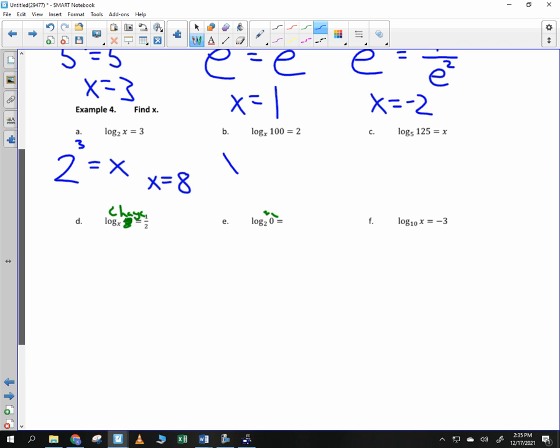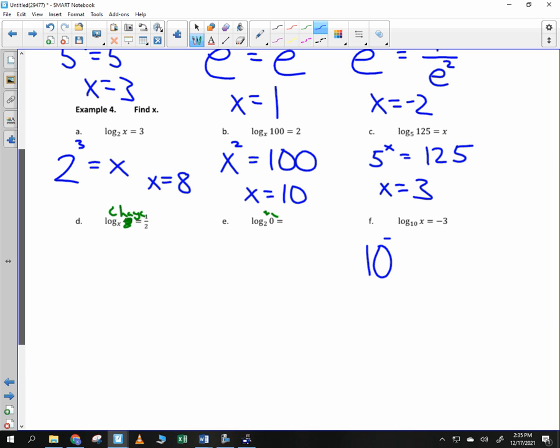So that means x to the second power is equal to 100. x is 10. 5 to the x power is 125. x is 3.